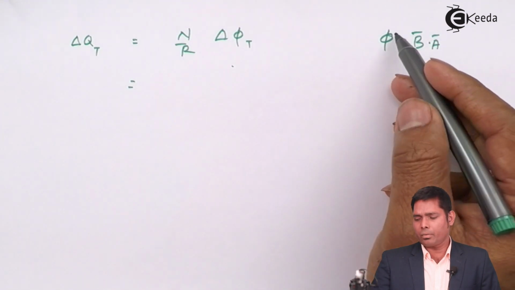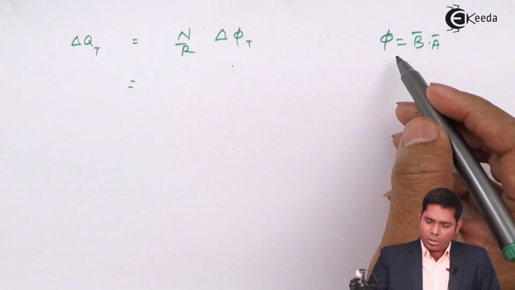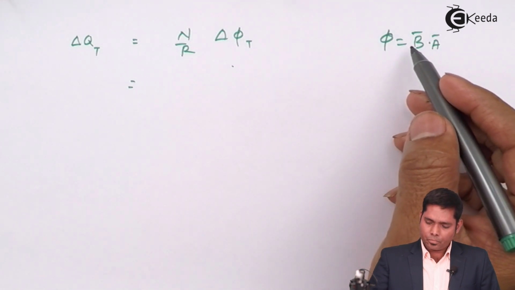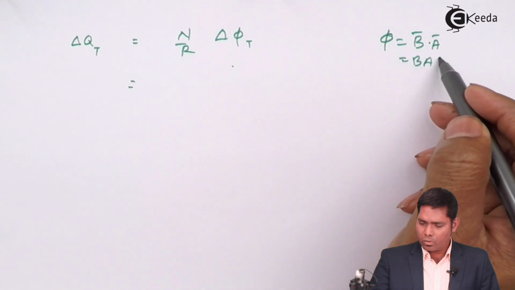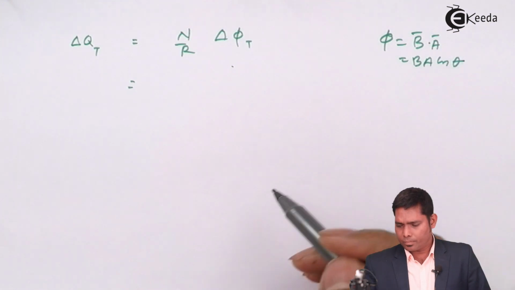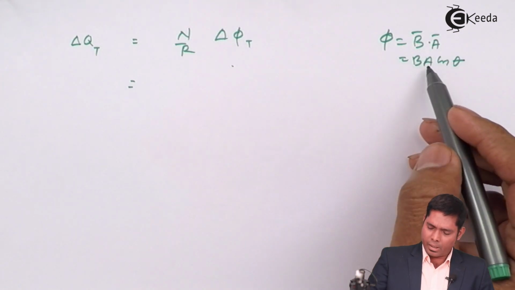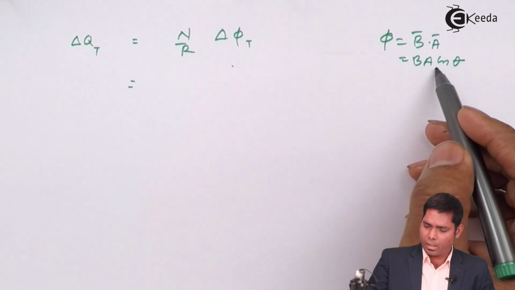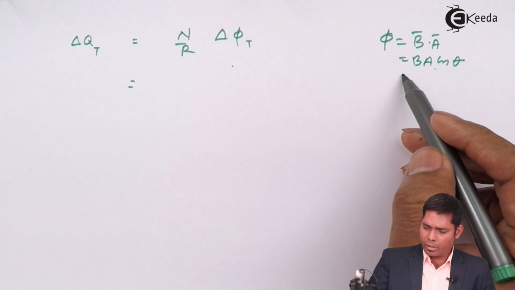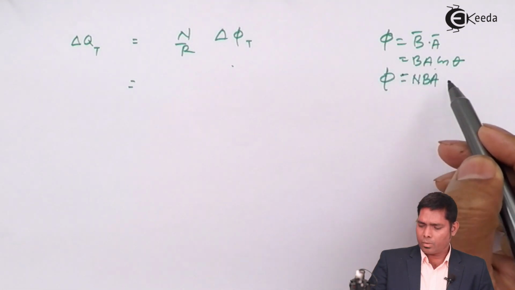The magnetic flux is B dot A, which is BA cos theta. Here B and A are in the same direction, so it is BA, and if it has N number of turns, so NBA.